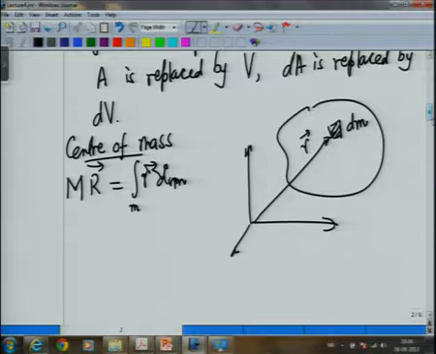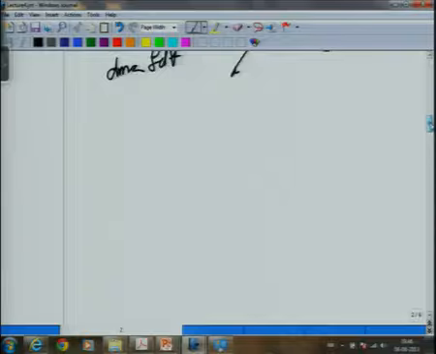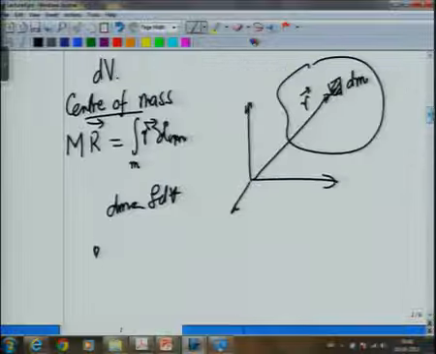That is where the difference will come. So dm I can write as rho dV. That is how we work this out. This is the center of mass.